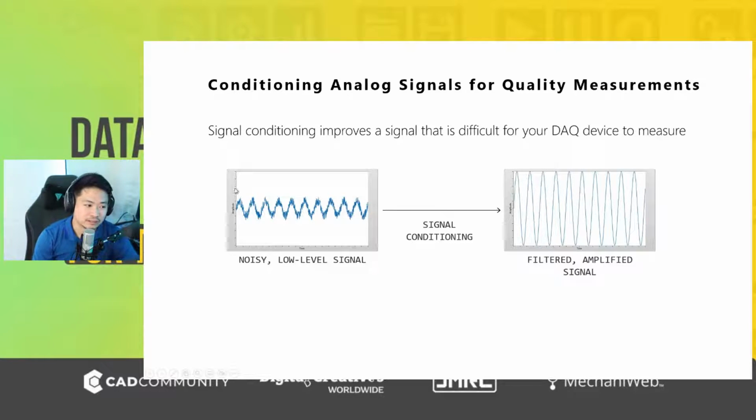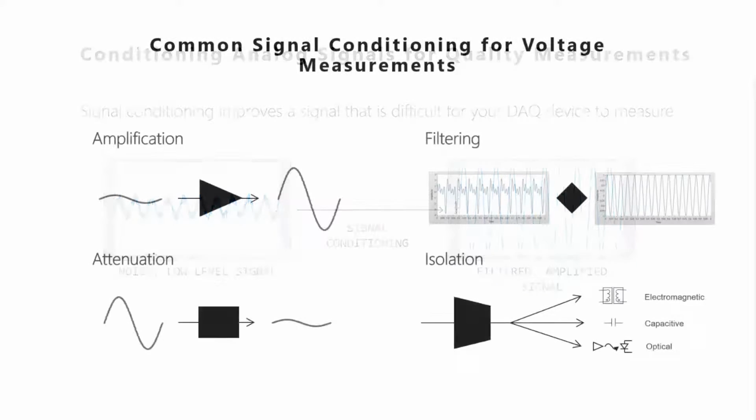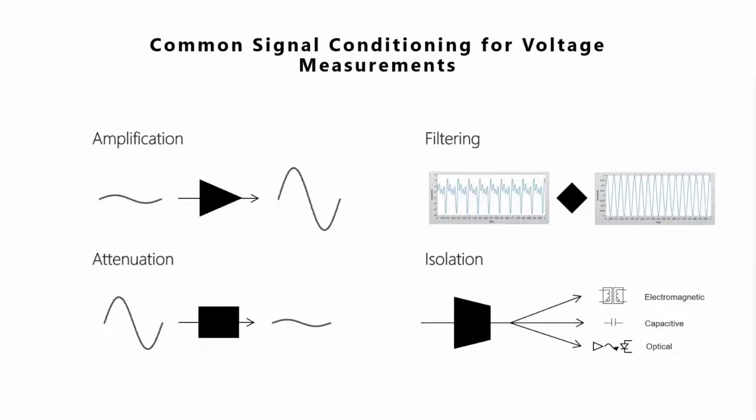Okay? So for example, this noisy low level signal, if you pass it through a signal conditioning circuit or maybe an algorithm, you are able to get a filtered and amplified signal. This way, you will maximize your data acquisition device's resolution.